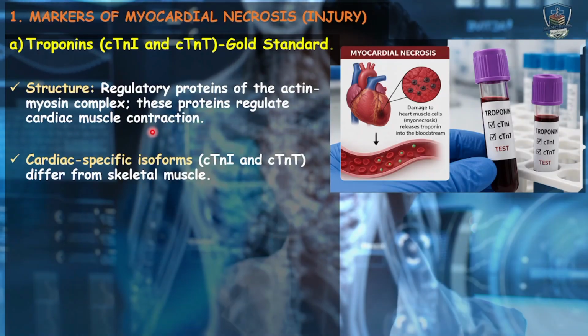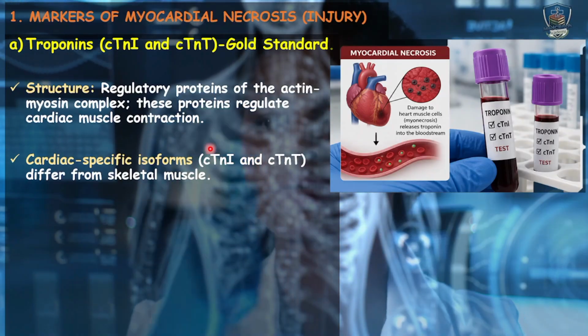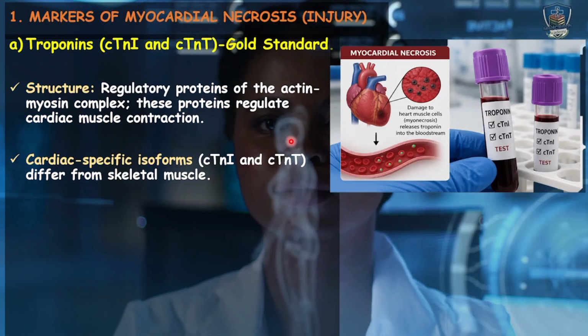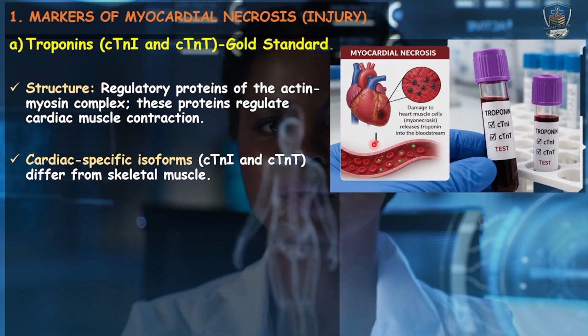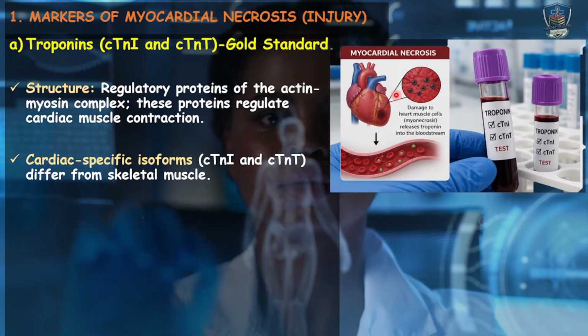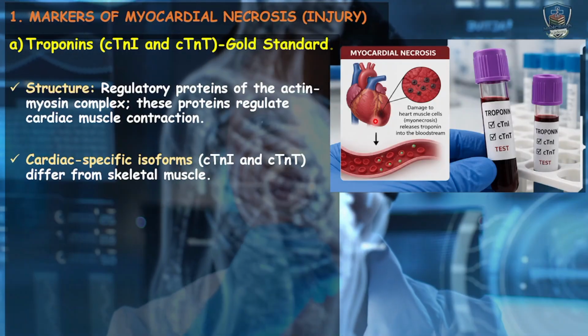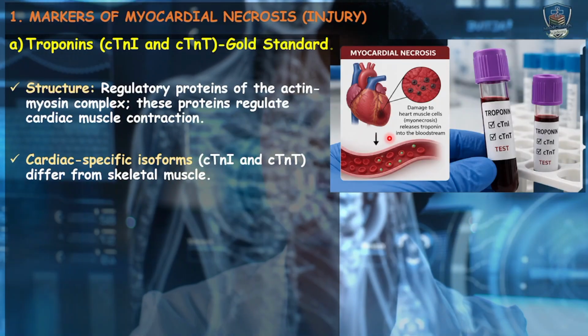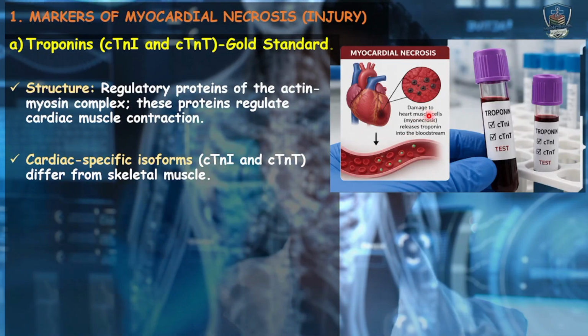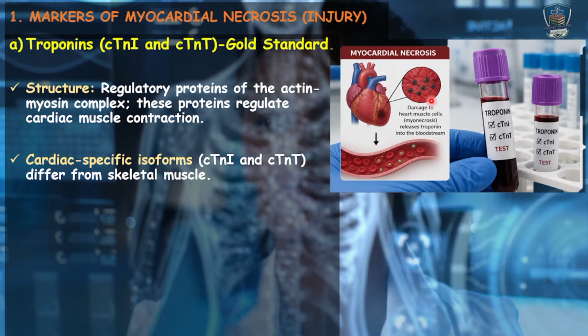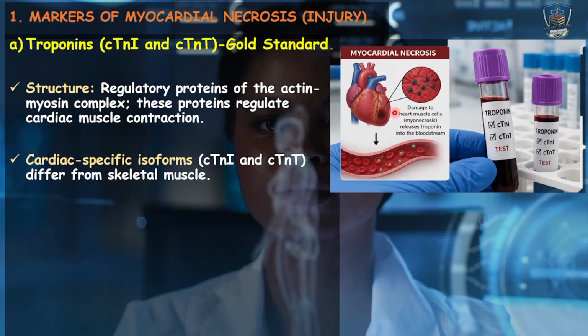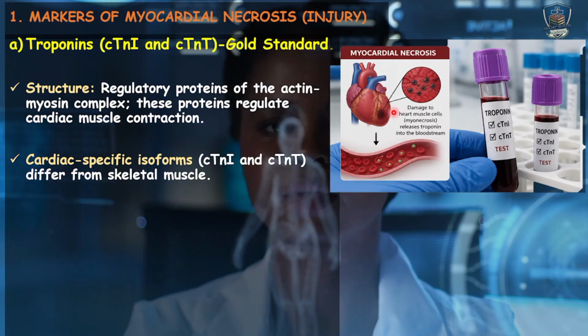Remember, in our definition of cardiac biomarkers, I told you that these are substances that are released when there is an issue with the heart muscle. If you see in this diagram here, when you have a blockage in the coronary artery, the supply of blood will be interfered with. There will be insufficient oxygen supply to the heart muscle, and ischemia will occur.